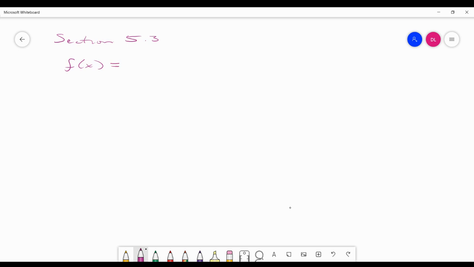So if we've got f of x equals, let's say, negative square root of x plus 1, plus 3. Let's just look at that one there. So we've got a few things here. We've got our a. So let me change colors for you guys here.